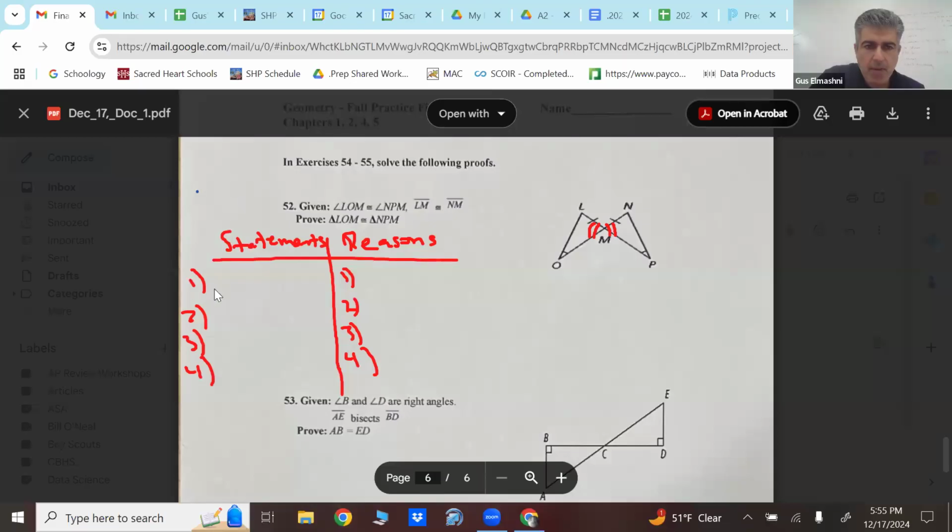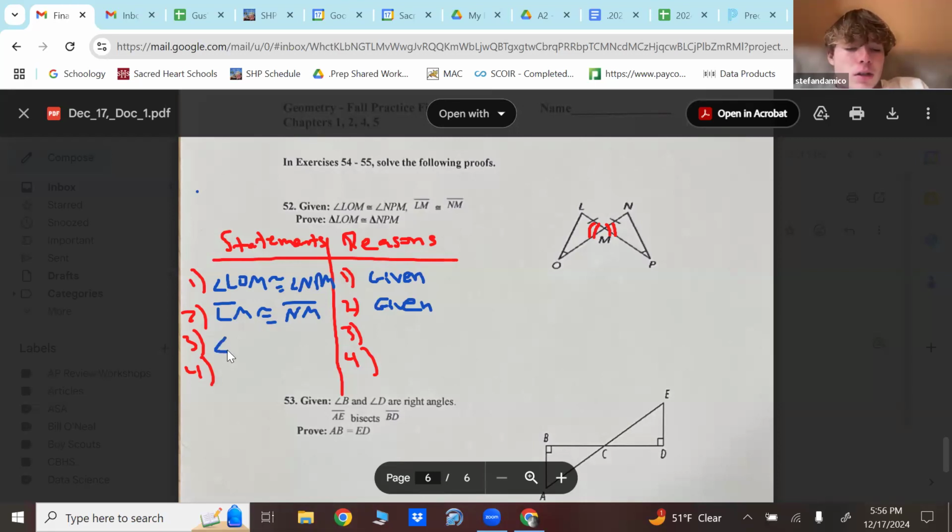So you say angle NPM, given. You can say LM, given, and then angle LMO is congruent to angle NMP.